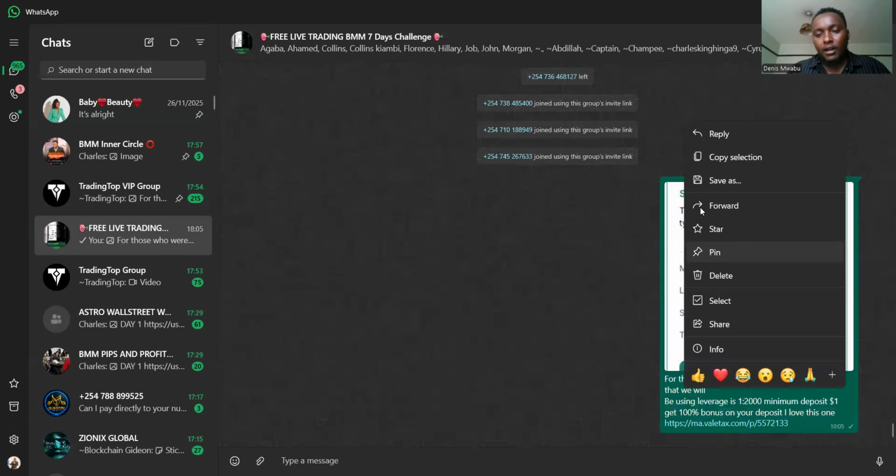I'm just putting lot sizes 1, 2, 3 until it says bang. So when US30 moves, if you're in a lot size of 1 and it moves, it gives you like $20. It moves again, gives you like $30. That's like $50 and you're out.